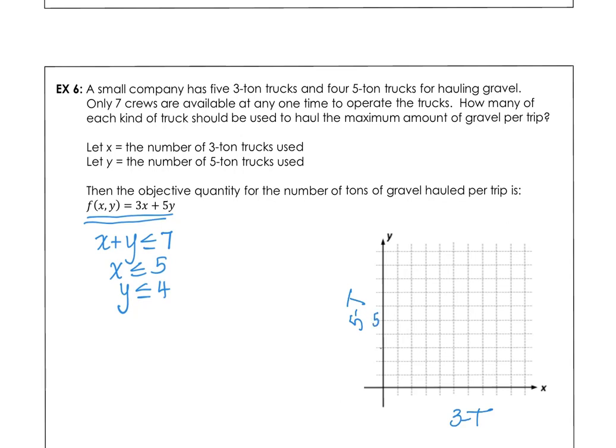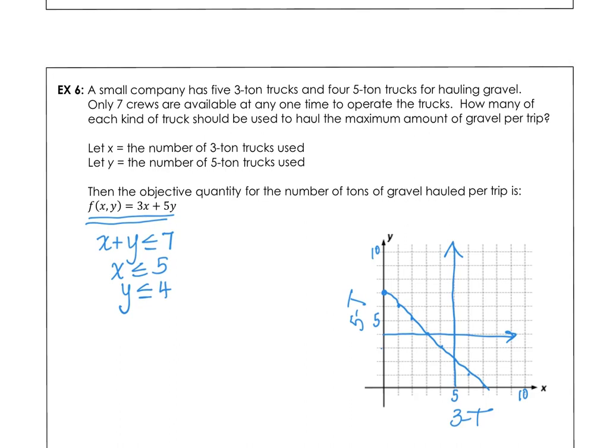So again, using a 1-to-1 ratio on our grid, at 7 we've got one line coming down across this way. We have x less than or equal to 5, and y less than or equal to 4. So the shaded feasible region is inside here.